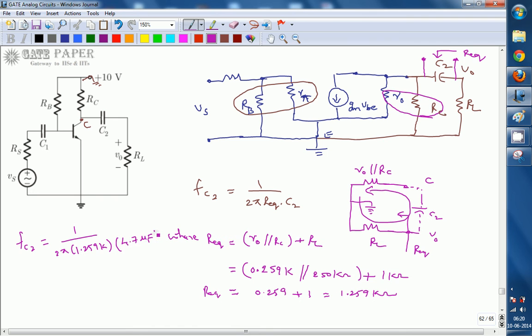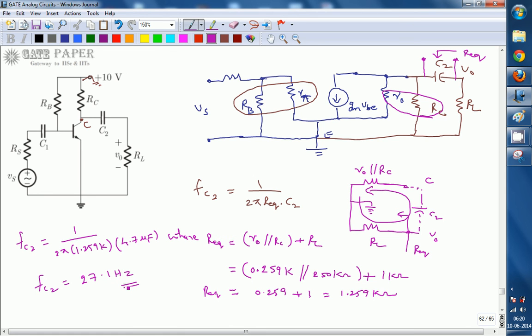If you calculate this, FC2 is 27.1 hertz. So the lower cutoff frequency due to C2 is 27.1 hertz.